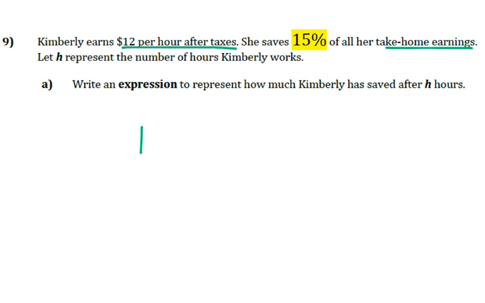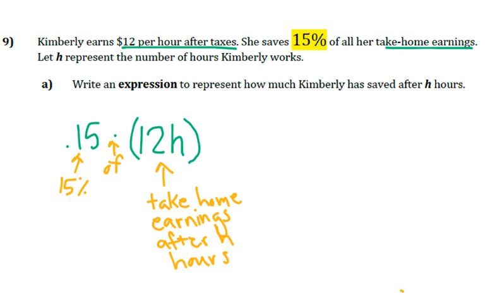So she's going to get $12 for every hour. Next, we got to say that she's not saving all of those $12 every hour, but she's actually saving 15% of that. So we're going to multiply this by 15/100ths. Now this represents 15% of her take-home earnings after H hours.